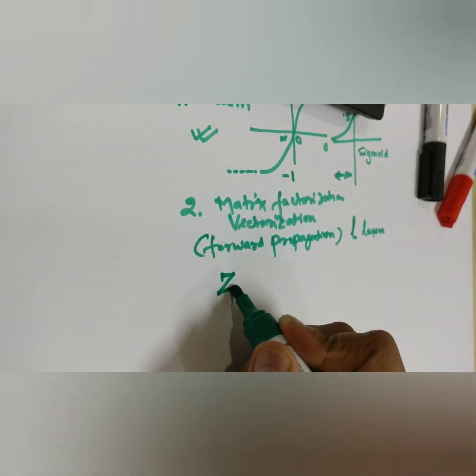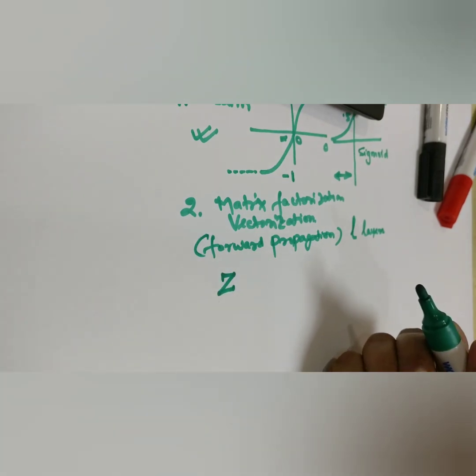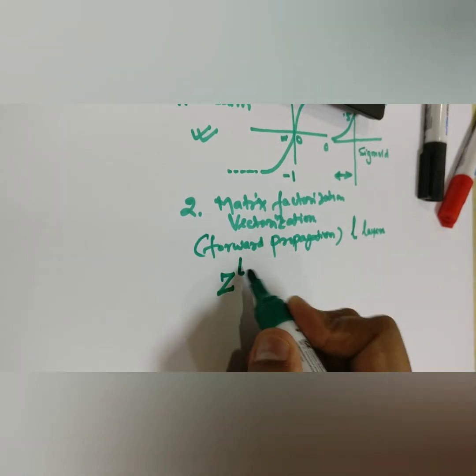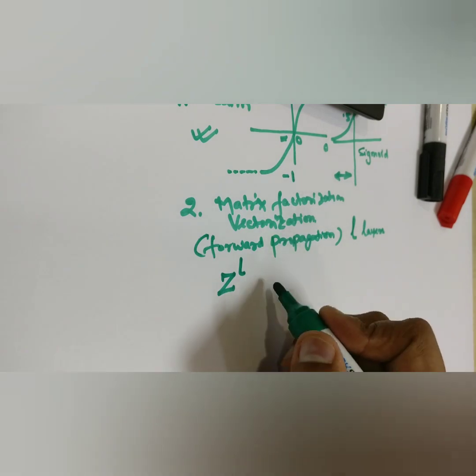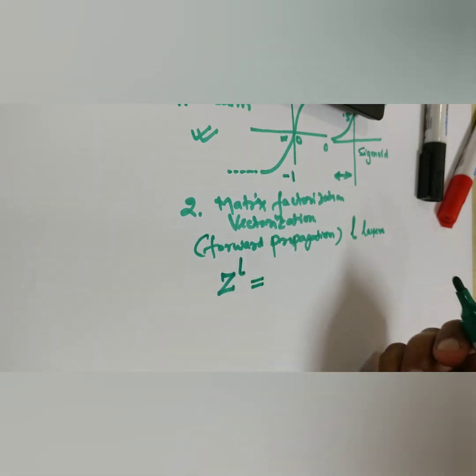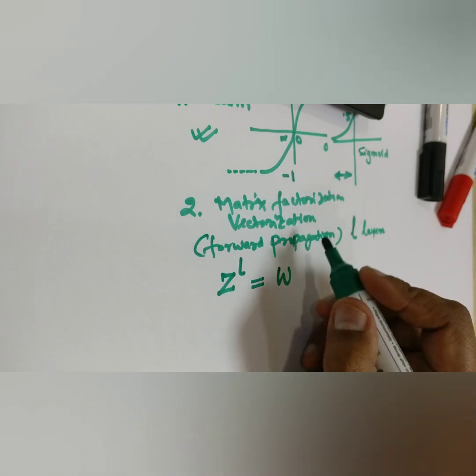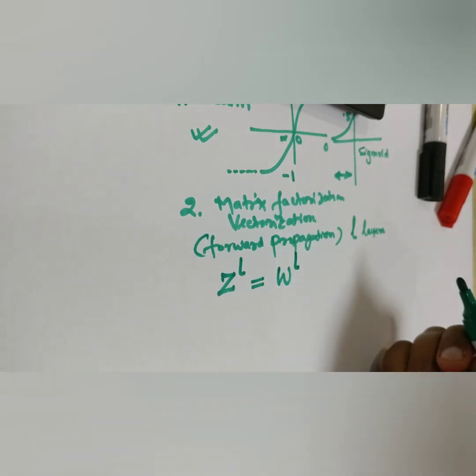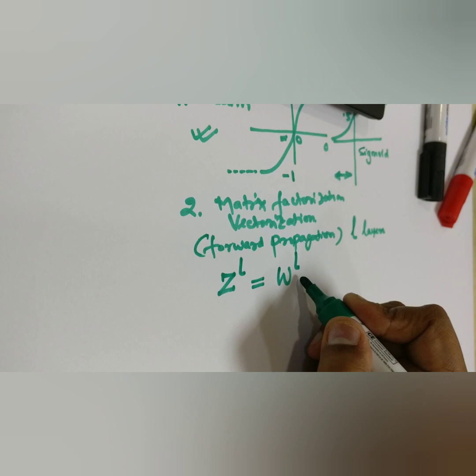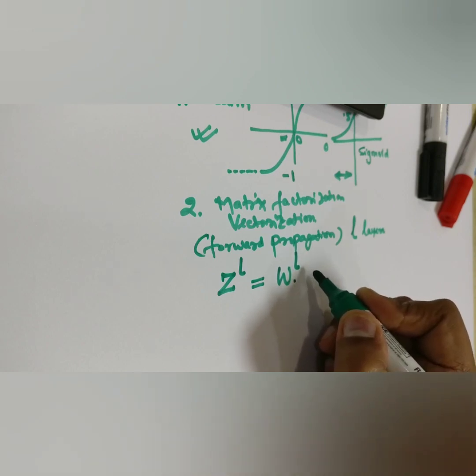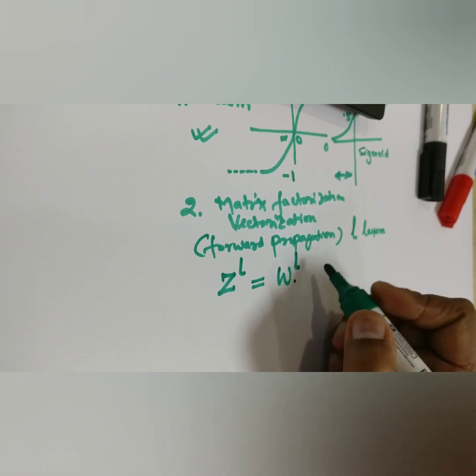So we know that Z is used as the output of a certain layer L, and this is given by the weight matrix W, and this will be for the current layer. But we know that typically the input is from the previous layer.